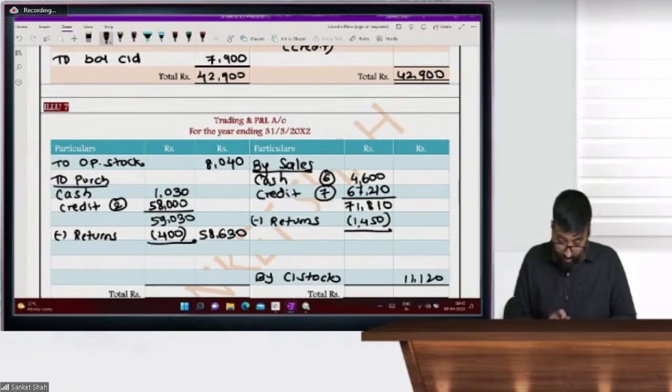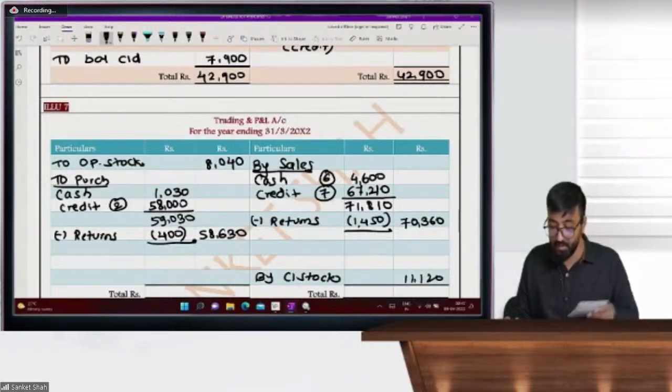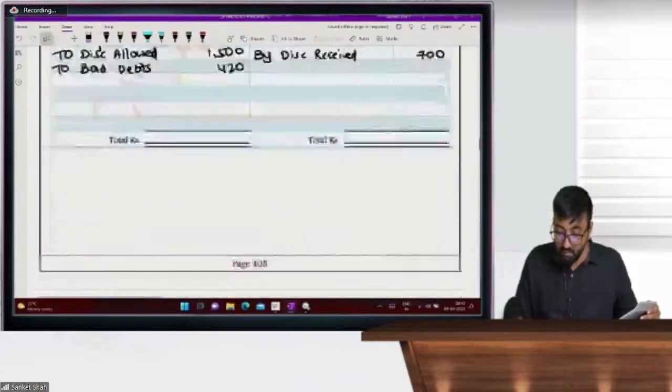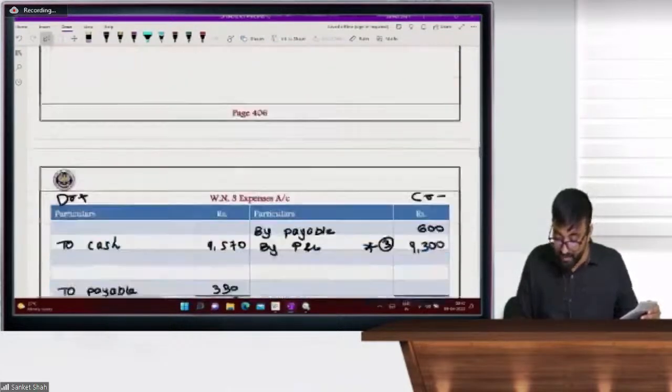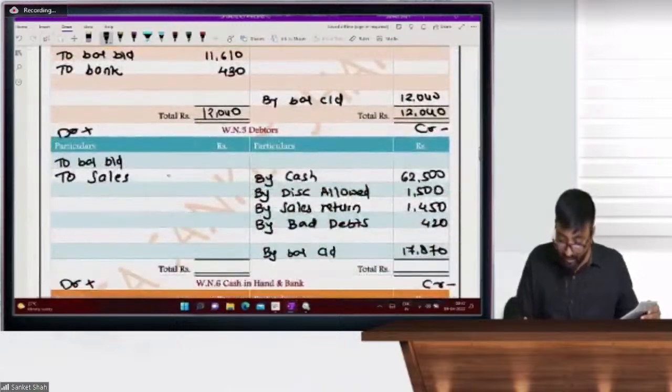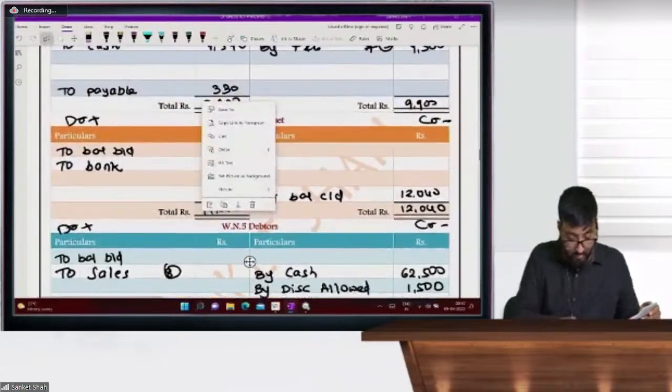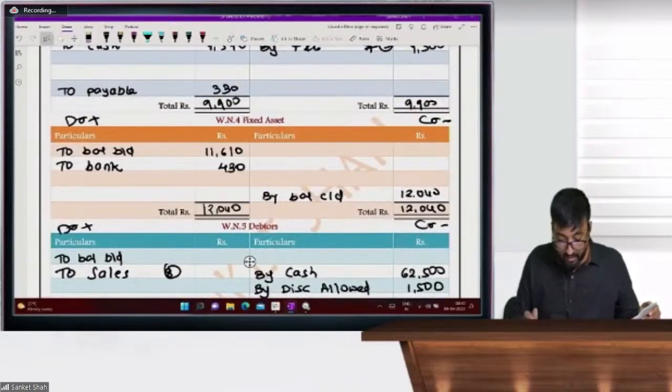And outer column 70,360. And now 8 number on debtors account debit side. To sales. How much? 67,210.